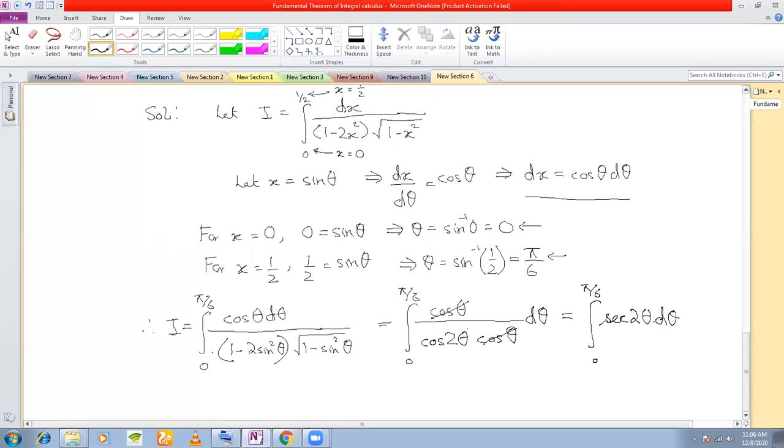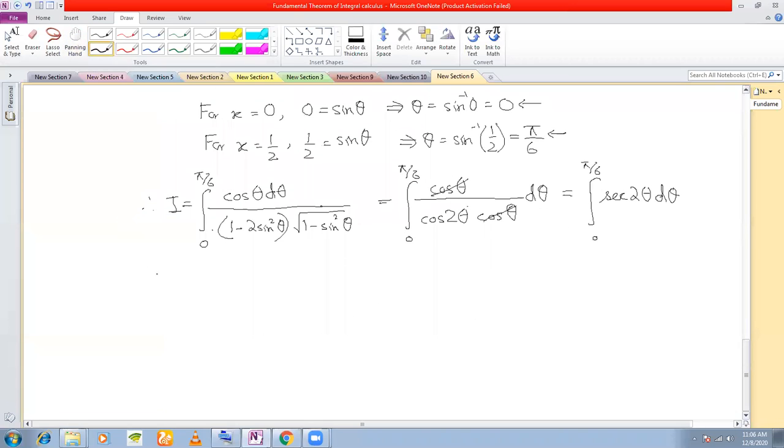And what is the integral of sec theta? Do you remember the standard integral for sec theta? It was log tan pi by 4 plus theta.